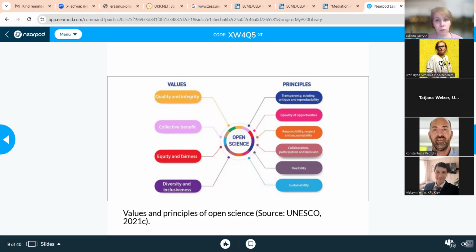So people around us, colleagues, peers, they help us. So the first principle is transparency, acceptance of critique, and it will help us develop reproducibility. And even when people try to repeat your research, your way of reaching the conclusion or outcomes, if people find some mistakes, it is okay. They will point them out and you will just improve your study.